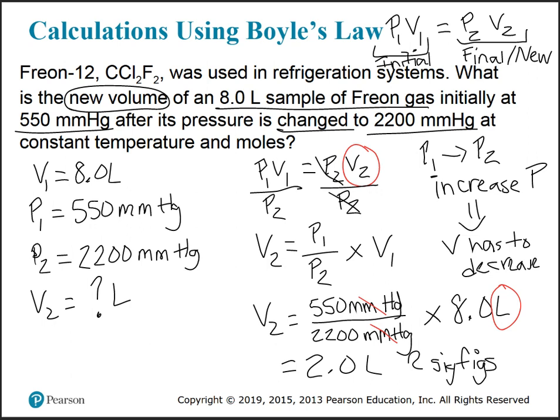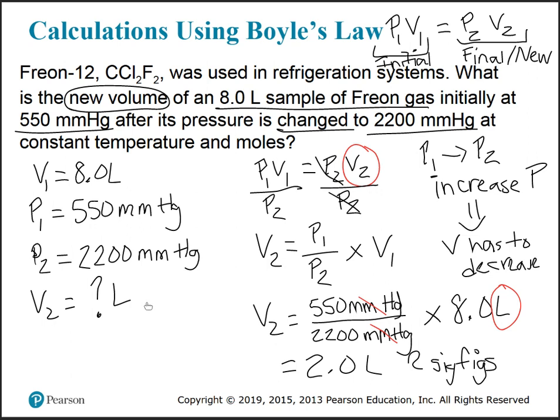So we're starting with 550 millimeters of mercury. I'll switch over to a pointer here. And that pressure goes with 8 liters. That's the volume of our initial system. When we increase the pressure to 2,200 millimeters of mercury, the question is, what will our new volume be?